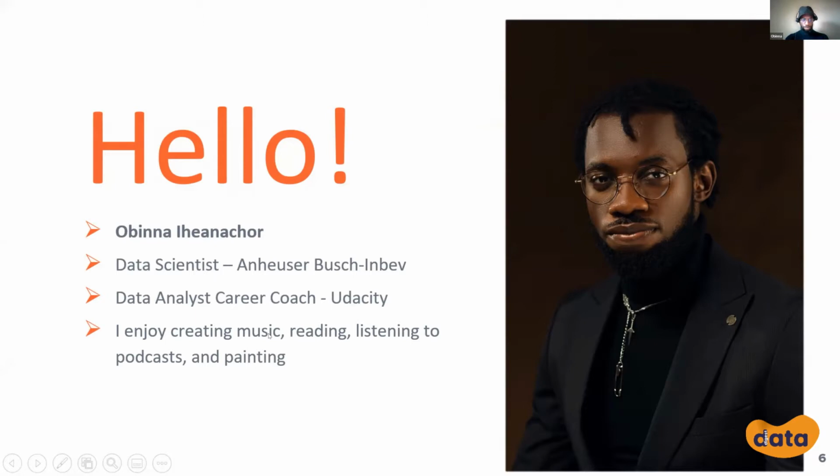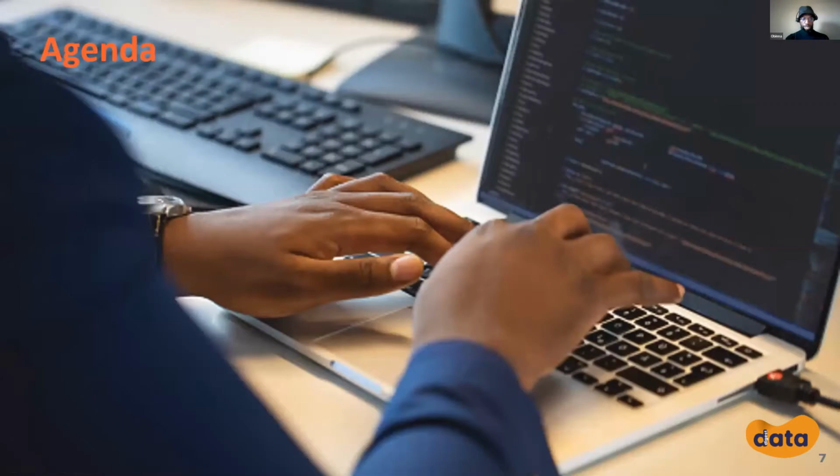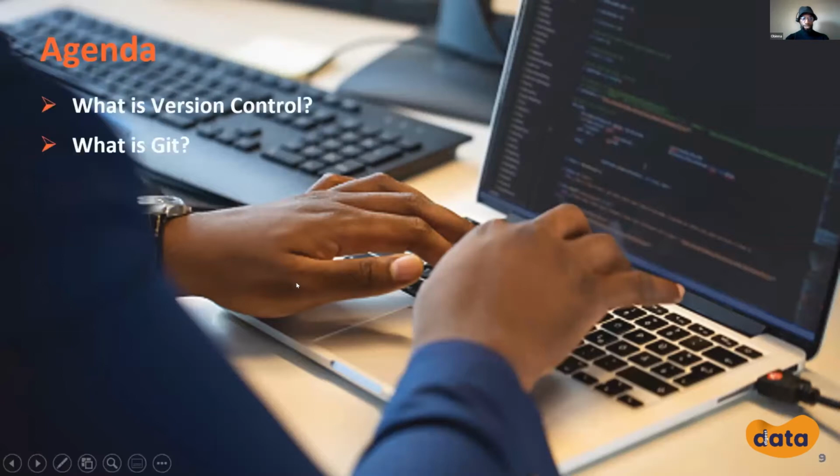So now let's get down to brass tacks, right? First things first, we'll try to understand what version control is. Then next, we'll look at Git, right? Git is a kind of version control and is commonly used across most software and data teams. Then we'll look at GitHub, understand what GitHub is and how they are different.